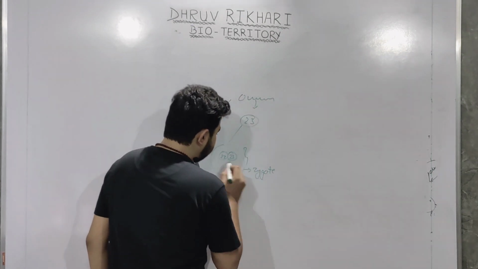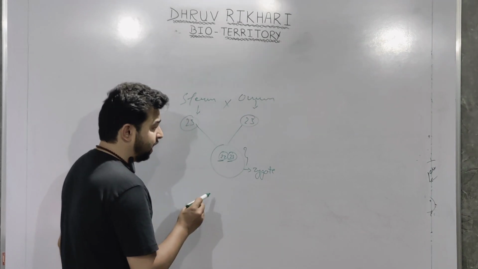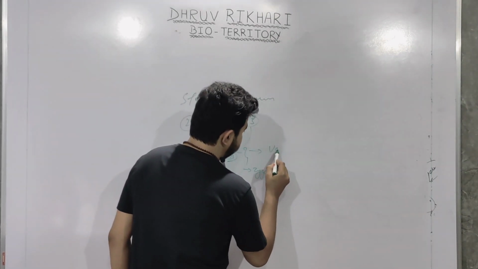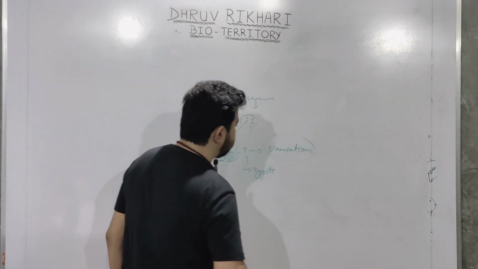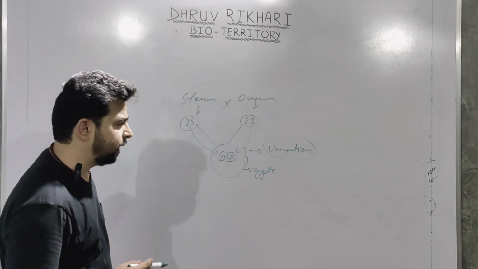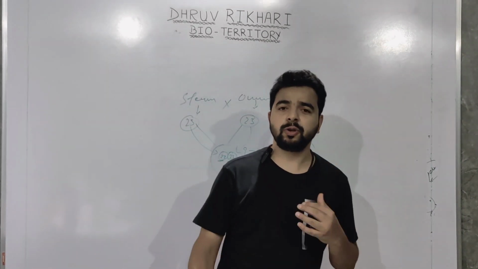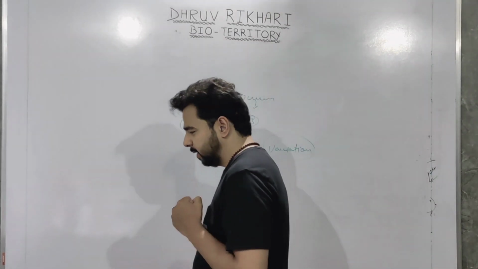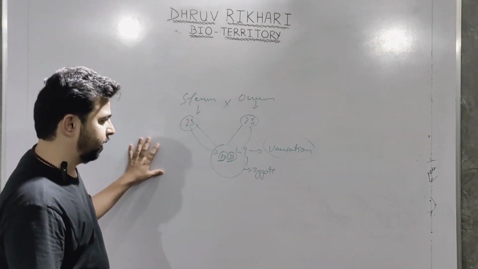Now the nucleus which is present within the zygote is coming from both the parents. So this is the reason that we humans are not the exact copy of our parents, or we can say the organisms which reproduce by sexual reproduction are not the exact copy of their parents, right? So this is how the sexual mode of reproduction occurs.